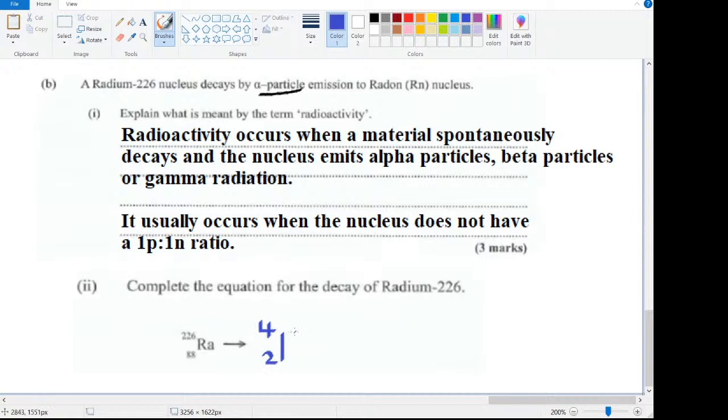We did this exact question that night, it's the typical alpha question. It becomes radon, right, we have to have a radon nucleus. So 226 minus 4 is 222. 88 minus 2 is 86.